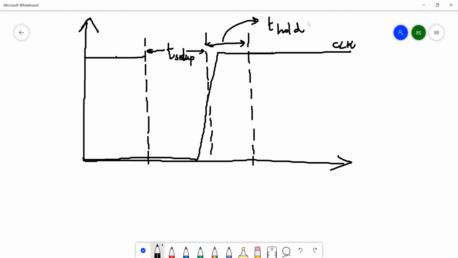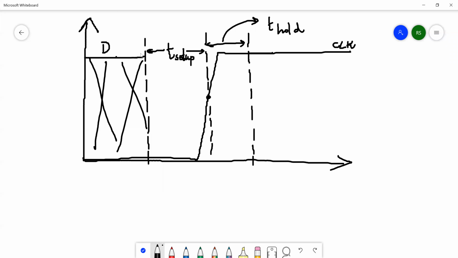Okay, so let's say that we have a clock signal and we have some other value D. We don't care what the actual value is, it could be anything, but the clock edge has arrived. From the 50% point, if I put a vertical marker, there should be some amount of time before that where the input D is not allowed to change.